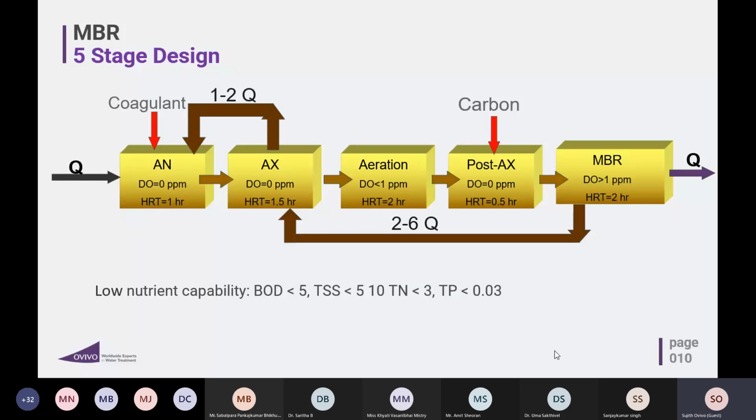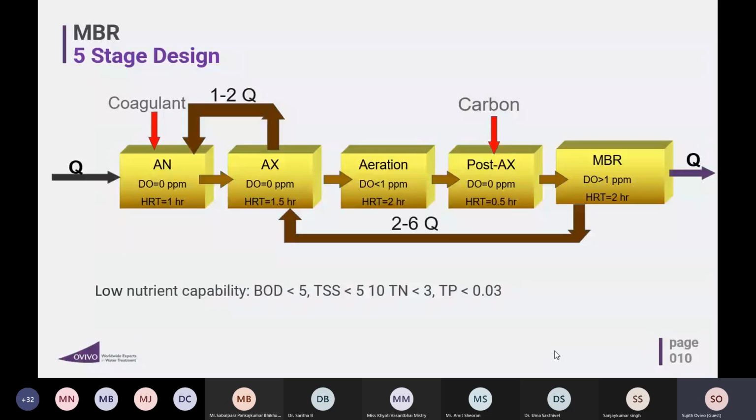The PAOs, phosphate accumulating bacteria, will take up the phosphorus, right, and release it in the aeration. So we are adding an anaerobic process to target the phosphorus removal. You have an anoxic process to target the denitrification process, right? And you have an aeration, which is definitely to remove the BOD, and the nitrification process happens in this aeration tank.